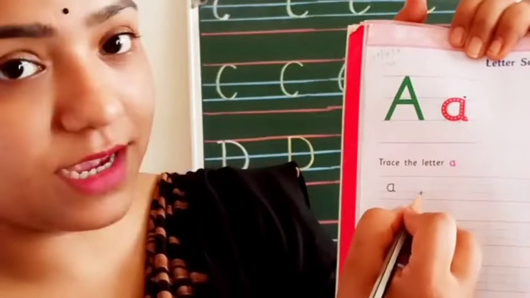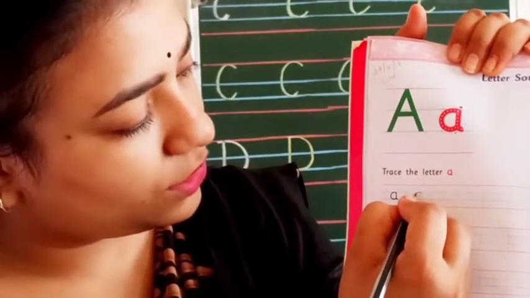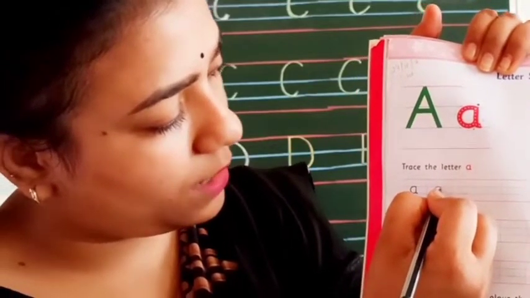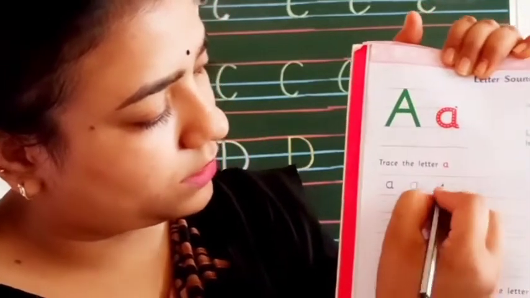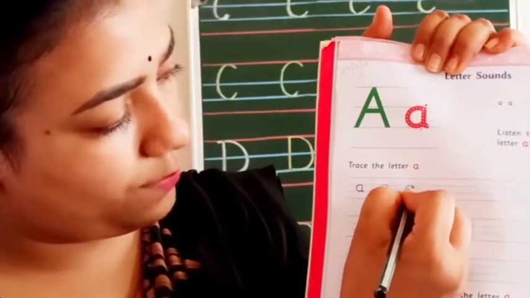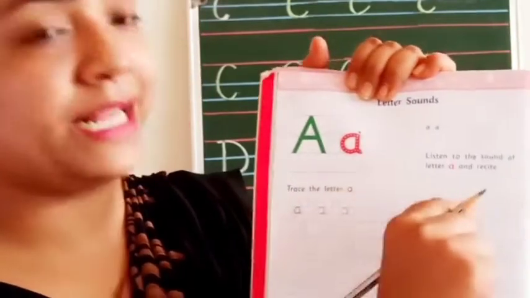Here the dots are given. Just put your pencil on the dots. Join the dots. Go up and come down. Just make a curl, go up and come down. We will make small letter A in the middle line only.